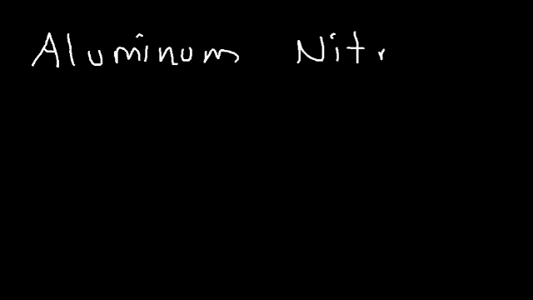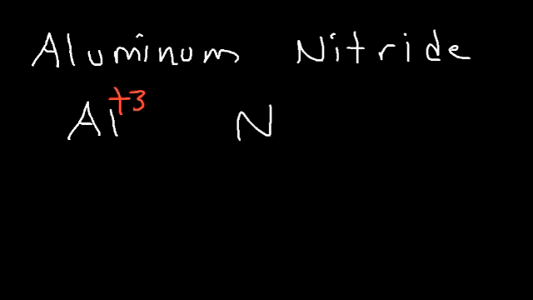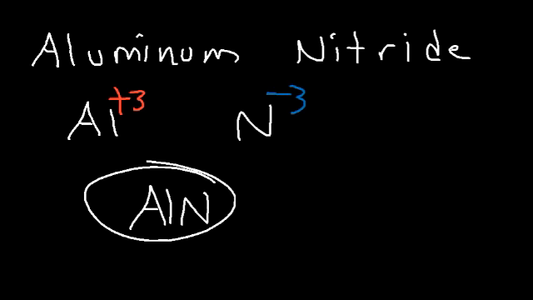Another example is aluminum nitride. Aluminum is in group 3A of the periodic table, so it has a +3 charge, and nitride is a group 5A element and it has a -3 charge. So here the charges are the same, so you can simply write them as AlN. So that's the first thing that you want to keep in mind.